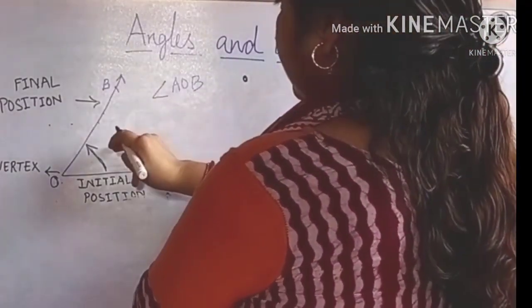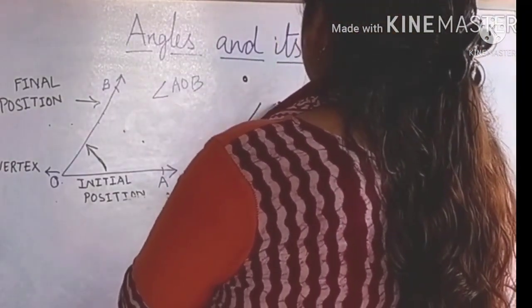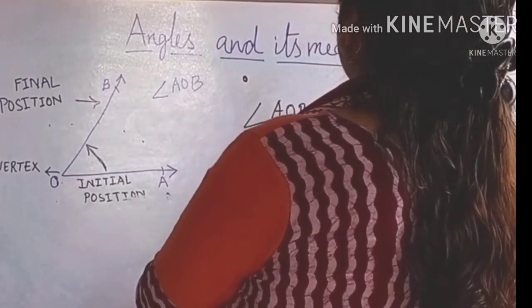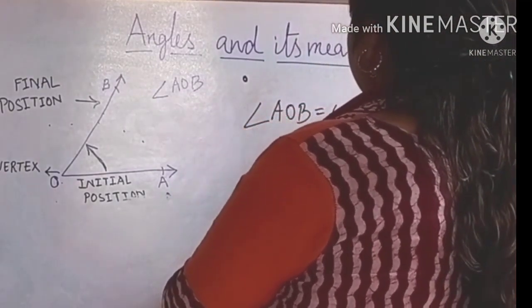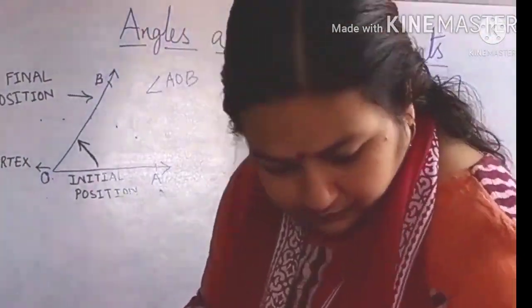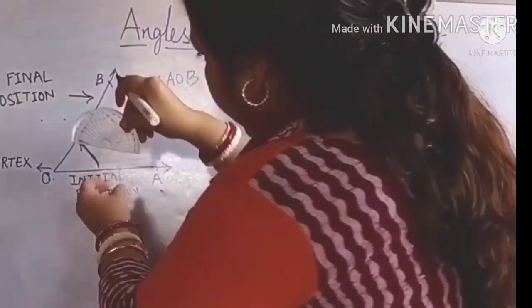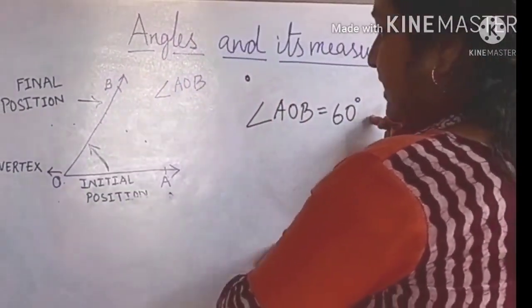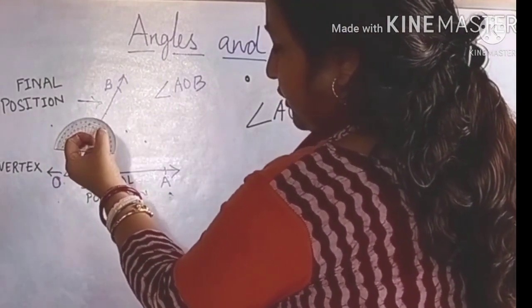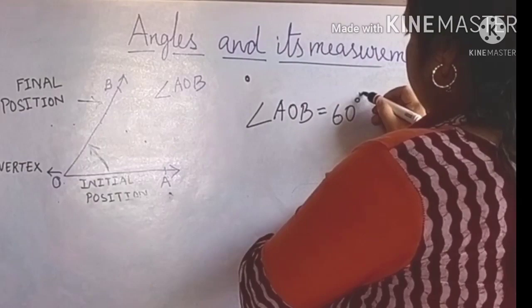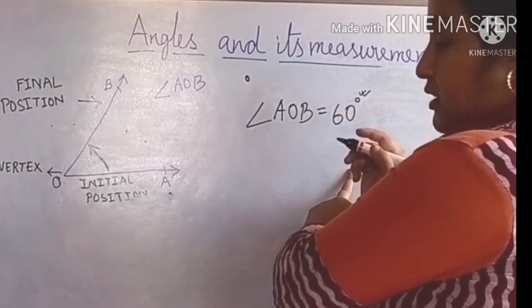Suppose this angle AOB is equal to 60 degrees. When we place a protractor on it like this and measure it, we will see that the point on the protractor is 60, so the measurement will be 60 degrees. This is the unit of measurement.